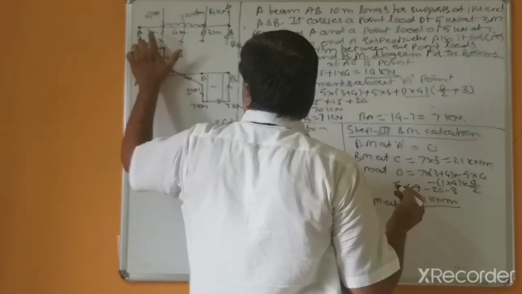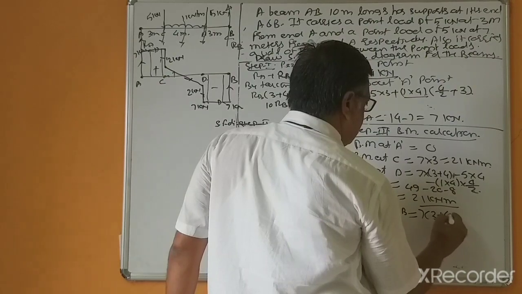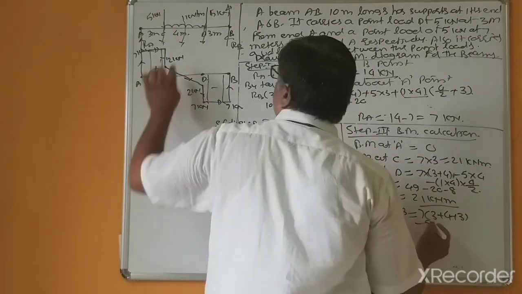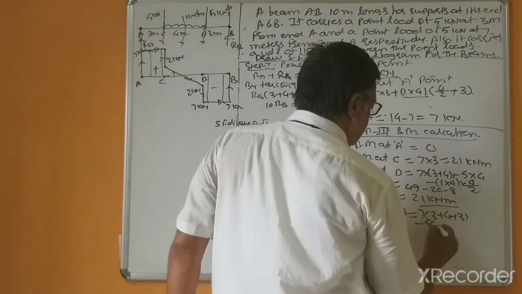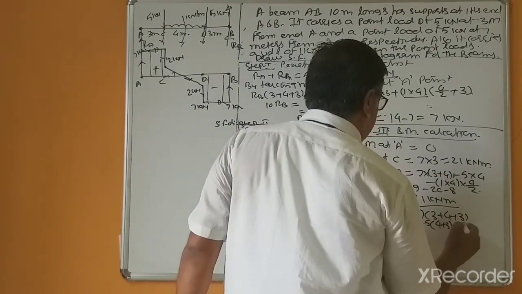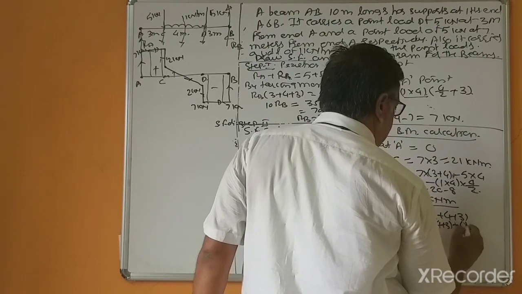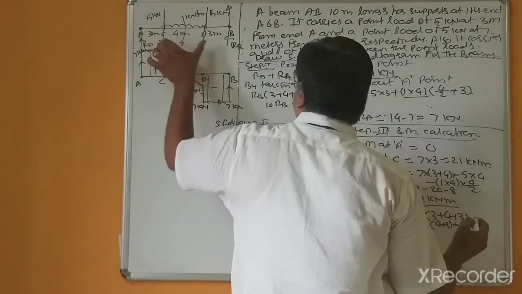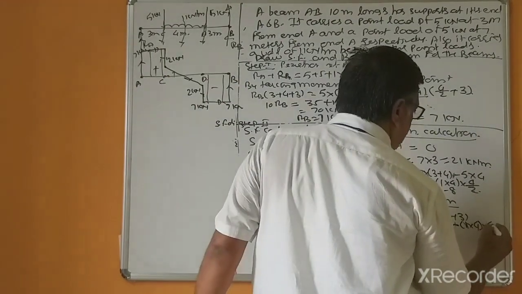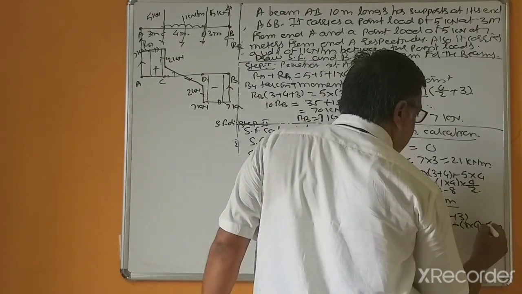Distance 7 multiplied by 3 plus 4 plus 3, force 5 multiplied by 4 plus 3, again negative, 1 kilonewton multiplied by UDL distance 4, half of the distance, plus this distance 3 meter, in bracket.